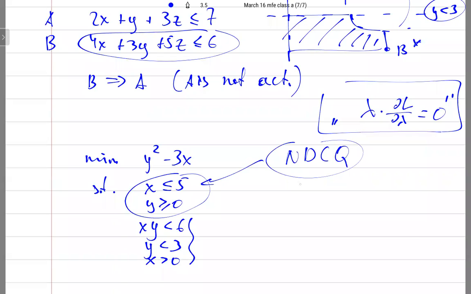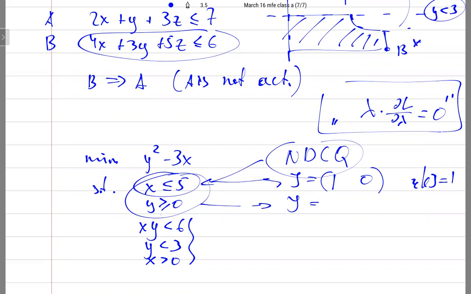So in DCQ, if only the first one is active, then I will have 1, 0. The Jacobian matrix rank is 1. If I have only the constraint that y is 0, then I will have Jacobian matrix 0, 1. The rank of the Jacobian matrix is 1.